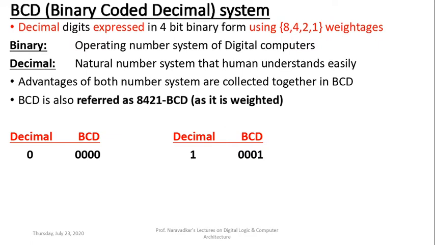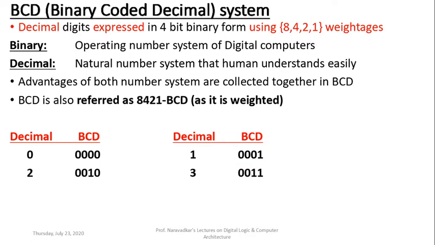So here BCD will be simply 0, 0, 0, 0. Next decimal 1. Using weightages, I need to add only the extreme right weight which corresponds to 1, and the rest of the weightages should be 0. It means that decimal 1 in BCD will be 0, 0, 0, 1.